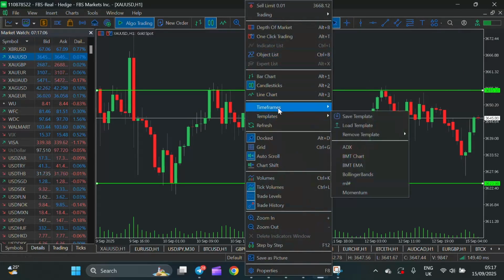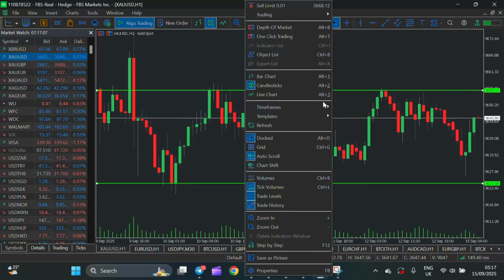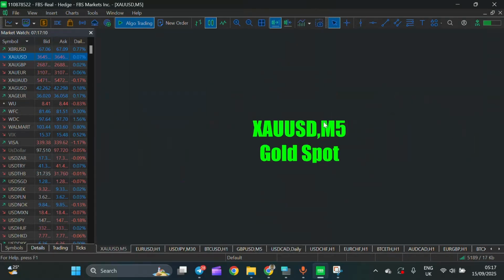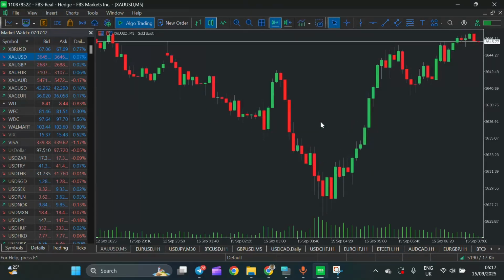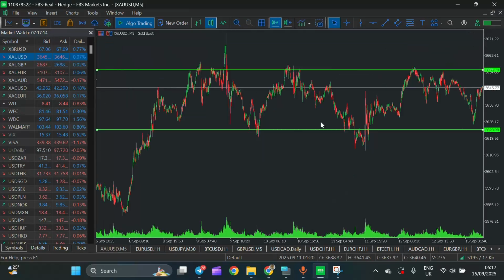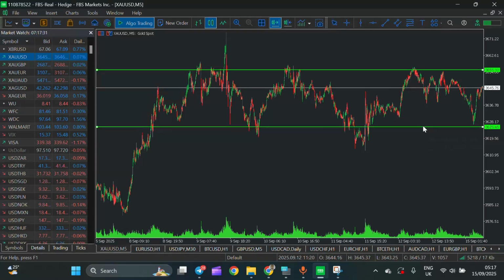So let's check the 5 minute candle right now and see what it is saying. You're seeing almost the same analysis reflected in the 5 minute candle. Looking at this swing low, it almost got to this point, but approximately it did.